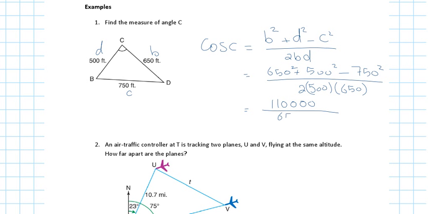Is it 650,000? How many zeros? 4. Yep. Because you're doing 2 times 500 times 650.